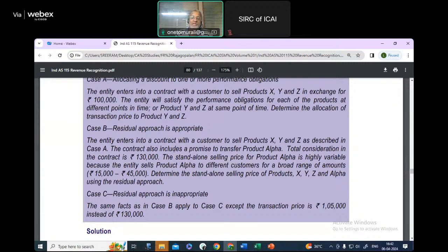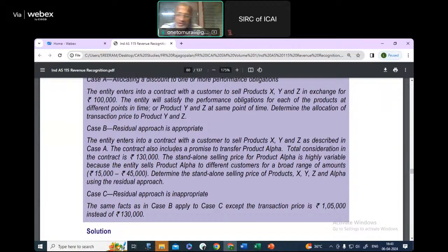Determine the standalone selling price of X, Y, Z, and alpha using residual approach. Lastly, case C, residual approach is inappropriate. The facts as in case B apply to case C, except the transaction price is 105,000 instead of 130,000.